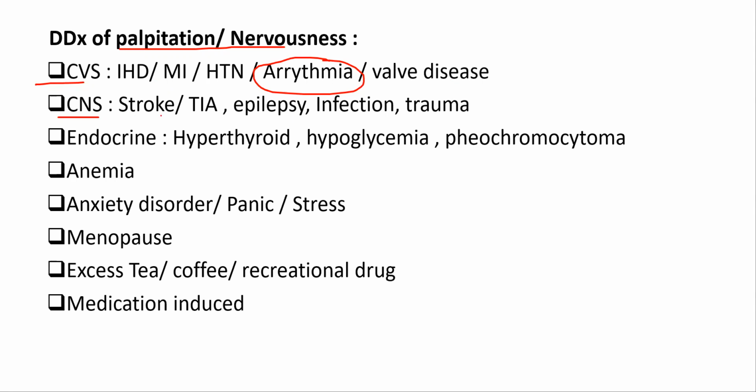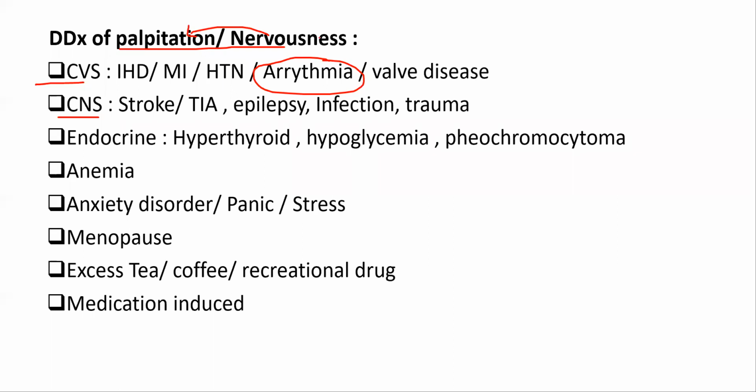Then we come to the CNS. CNS causes are not very important to rule out, but still we want to rule that out because sometimes patients who are having some CNS issues like stroke, TIA, epilepsy, infection, trauma, they can have some kind of nervousness which can cause palpitation in one way or other.